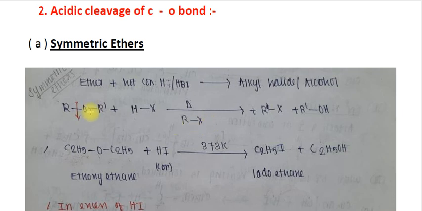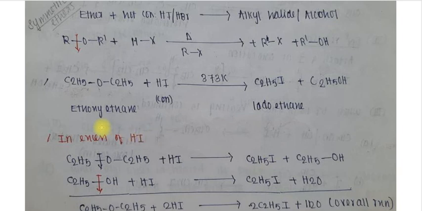You are forming an alkyl halide, R'X. Here the breaking takes place between this R and O. That means the bond breaks here, X gets attached to that R, giving RX, and the other one is R'OH.